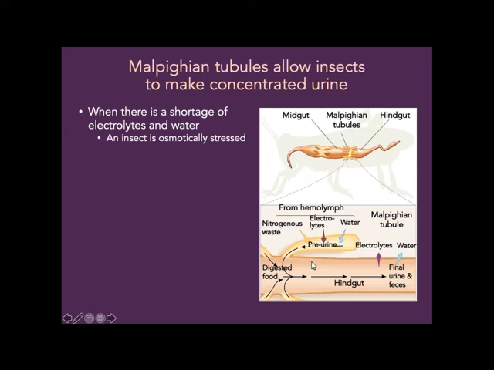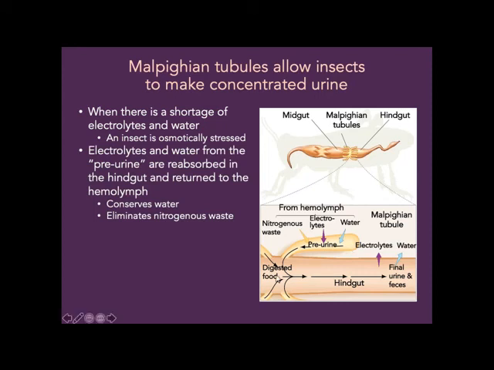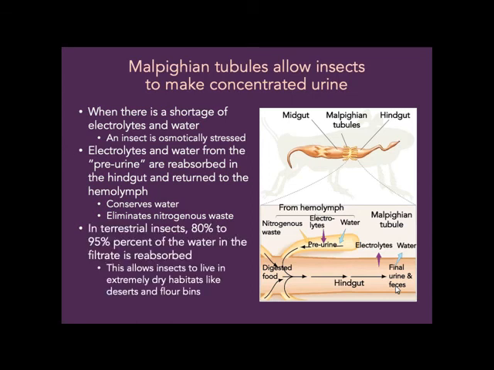So when there's a shortage of water, or a shortage of electrolytes in water, and the insect's osmotically stressed, then the electrolytes and the water from the pre-urine get held off over here from the hemolymph, and the things that are needed get reabsorbed into the body and then returned to the hemolymph, and then whatever is left over, so the electrolytes and the water can be removed and put back into the body, and then only the final urine and feces, which has had everything removed from it, gets excreted as waste.